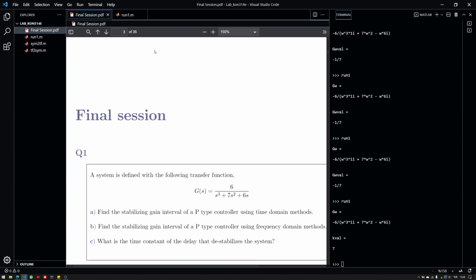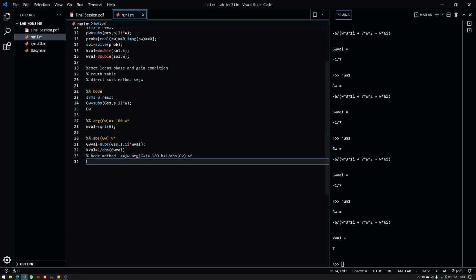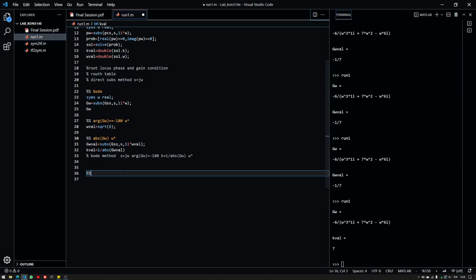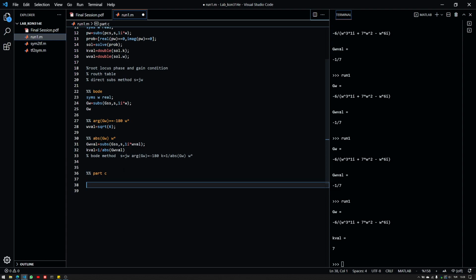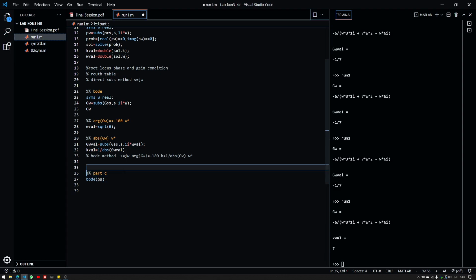So let's say part C. Now let's first look at the Bode plot.